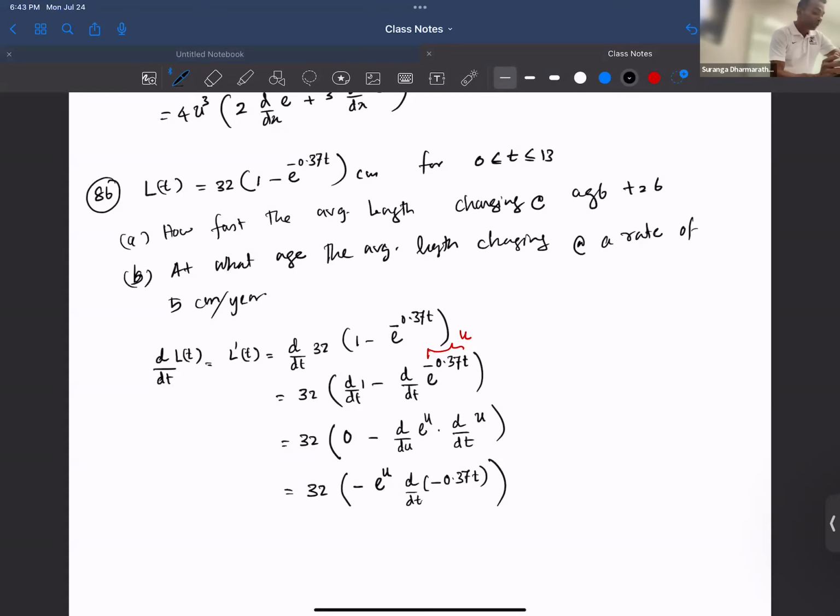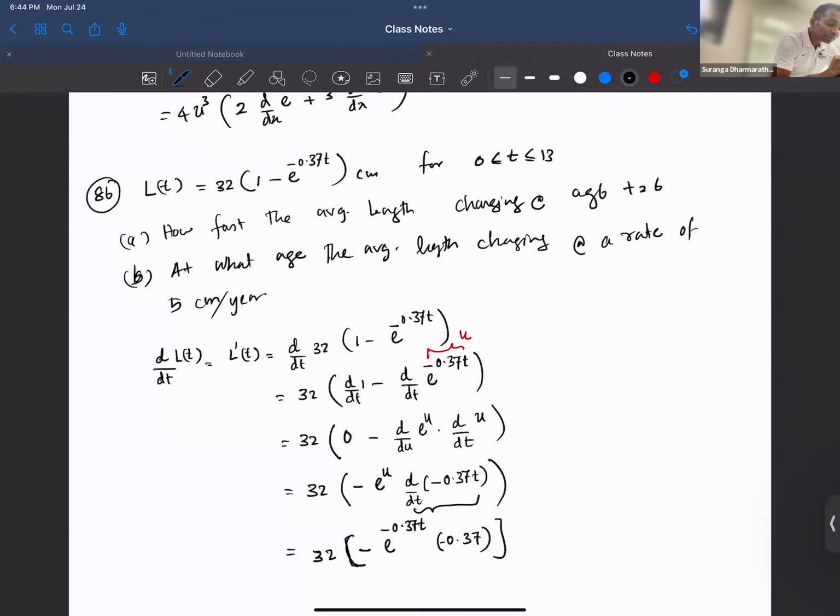Does that make sense? So you have 32 times negative e to the power u, where u is 0.37t. What is the derivative of negative 0.37t? Negative 0.37. Very good.